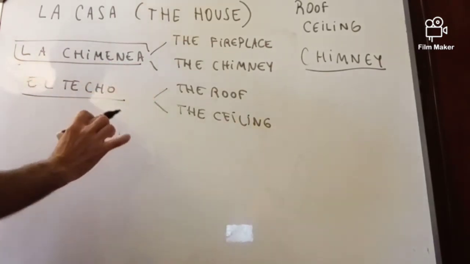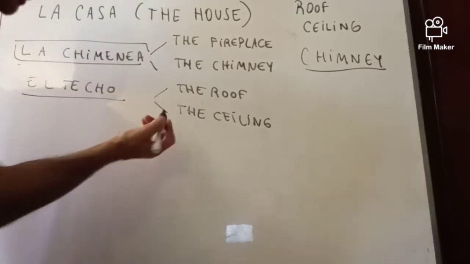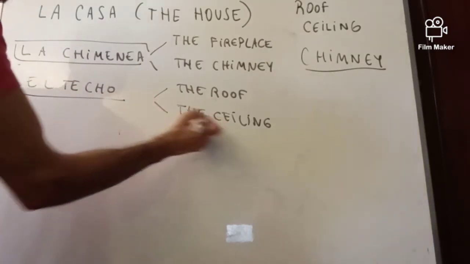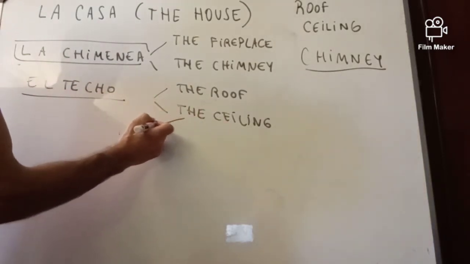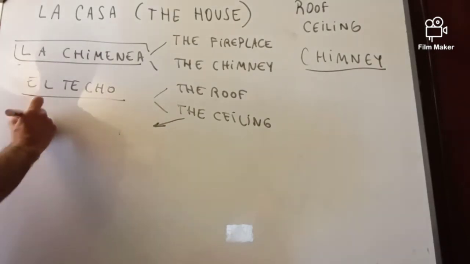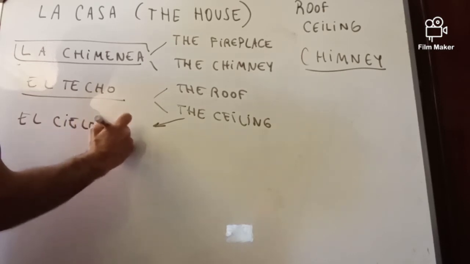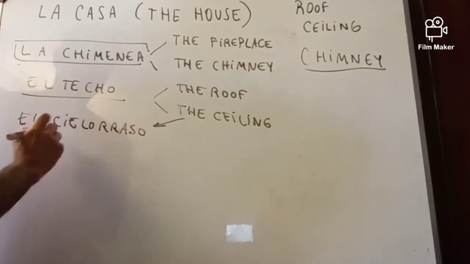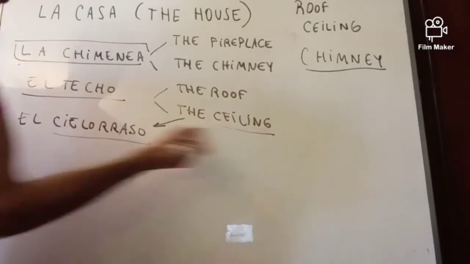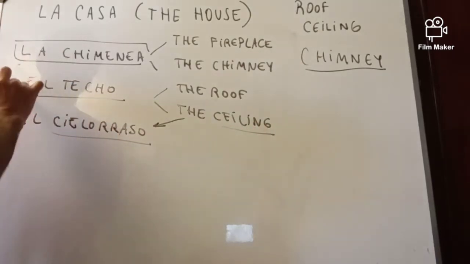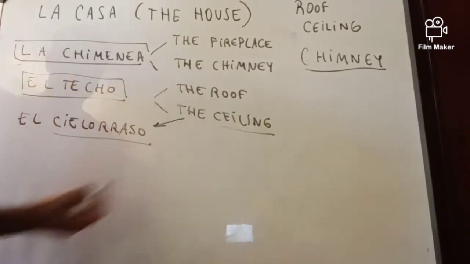We may get more strict and say that for the ceiling, el cielo raso. So el cielo raso is the inner part, is your ceiling. But in general we say el techo to mean both things.